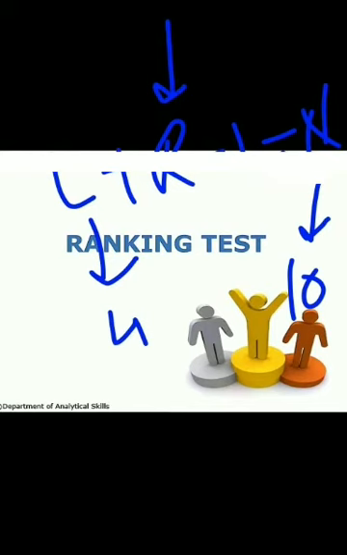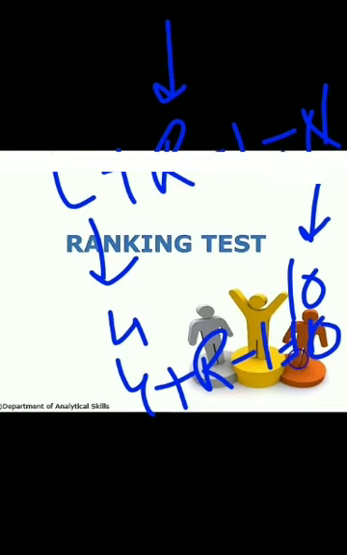So we can directly say 4 plus R minus 1 is equal to 10. Now you can solve this equation. The value of R will be 11 minus 4, that is 7. It means if the rank of a person from the top of the class is 4th among 10 students, then from the bottom his rank will be 7th.